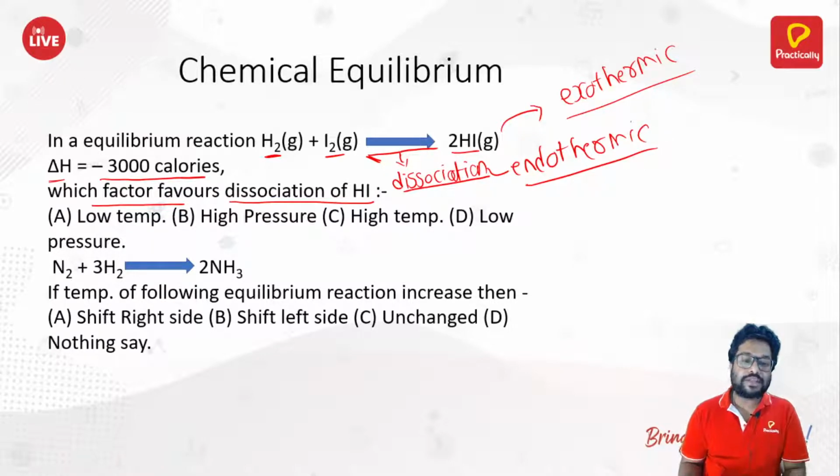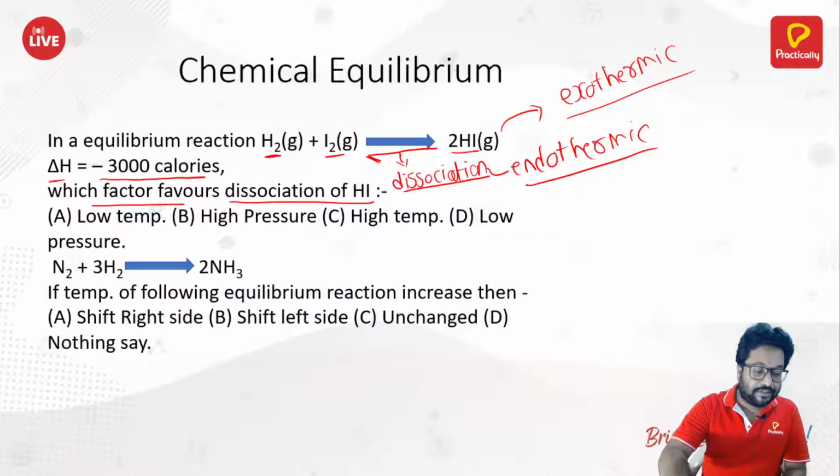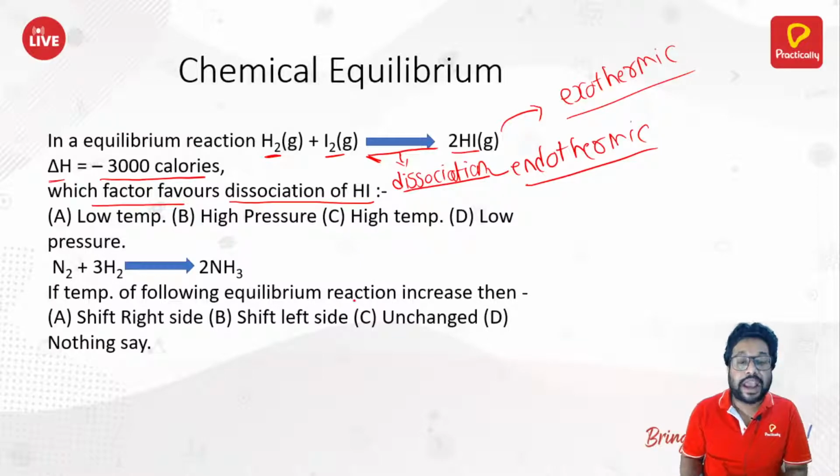So which factor will then favor dissociation of HI? It has to be a high temperature, because the reverse direction is endothermic, and an endothermic reaction is accompanied by absorption of energy. And when can you absorb the energy? When you are providing it. And that is why it is the high temperature only.